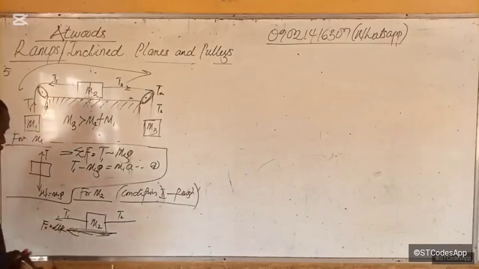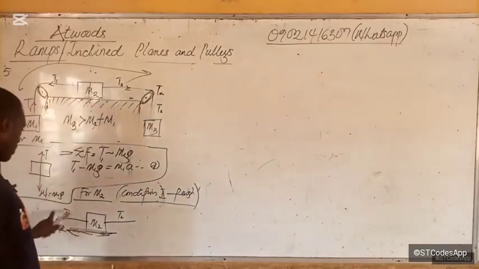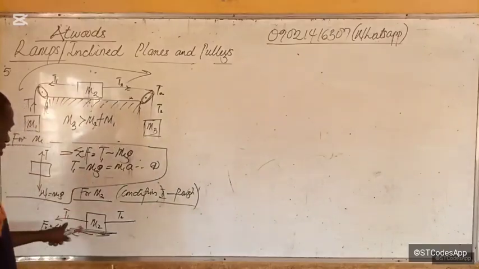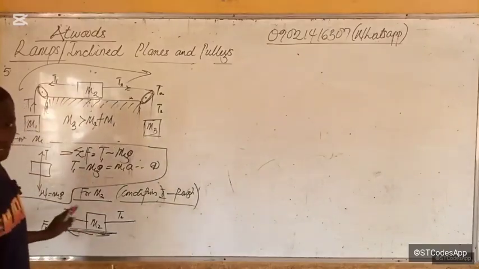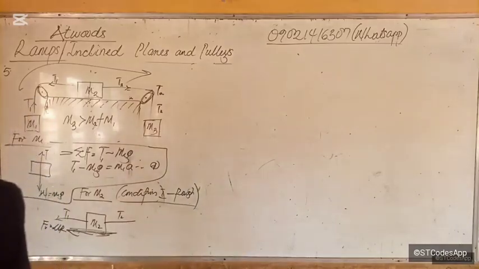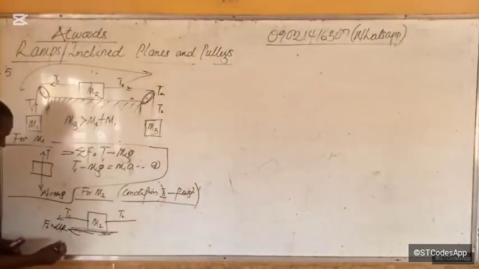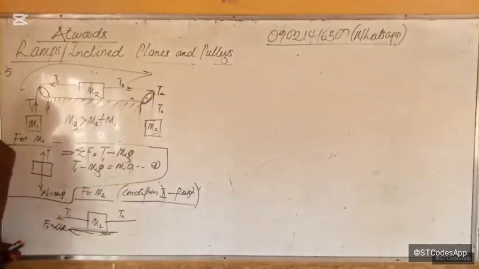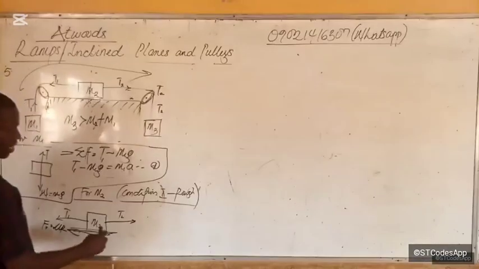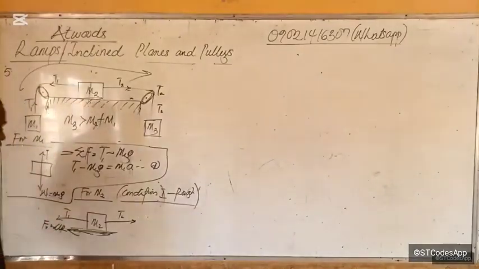Mu R. So it means that the sum of forces here that are negating motion are F sub R and T1. The sum of forces in line of motion is only T2.